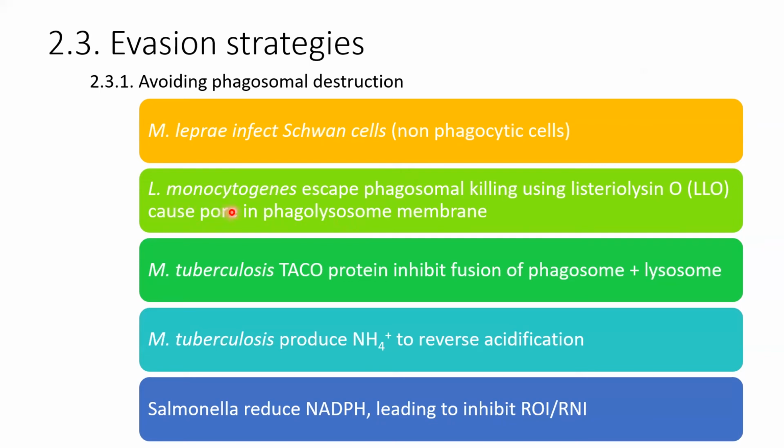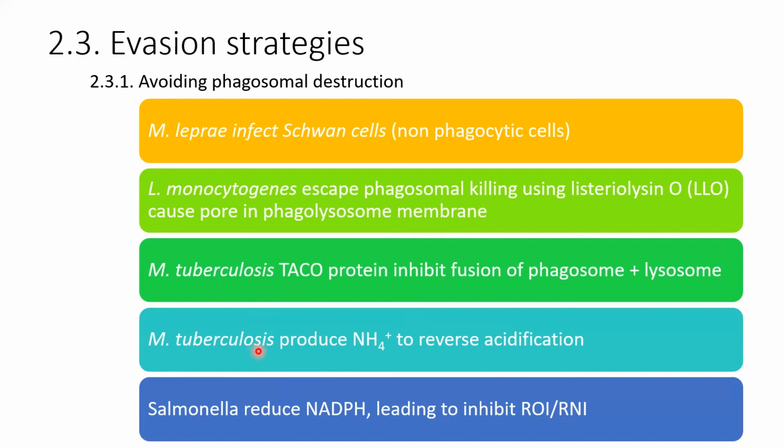Listeria monocytogenes can escape from the phagosome because they have the enzyme listeriolysin to lyse the wall of the phagosome and escape to the cytoplasm. Mycobacterium tuberculosis, right, can inhibit the fusion between phagosome and lysosome.